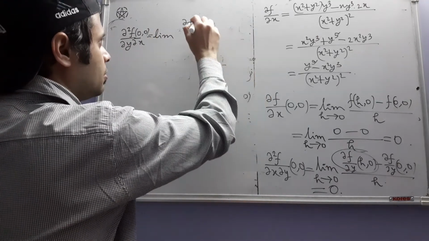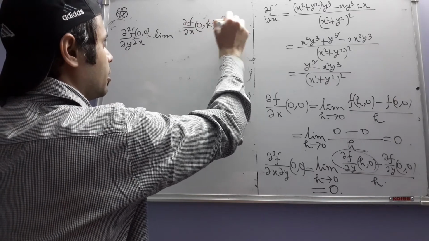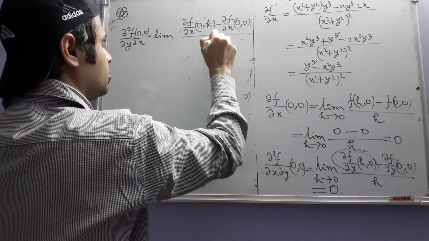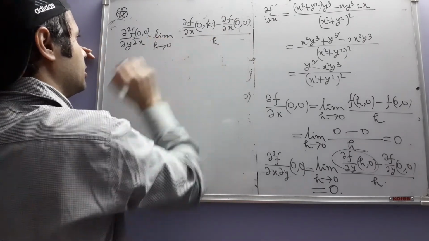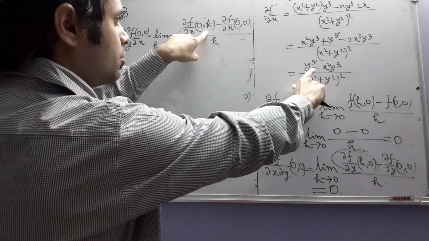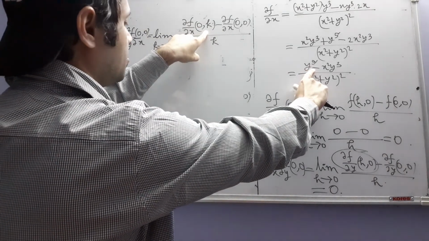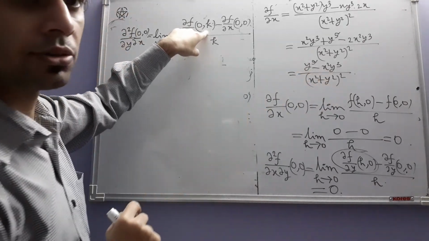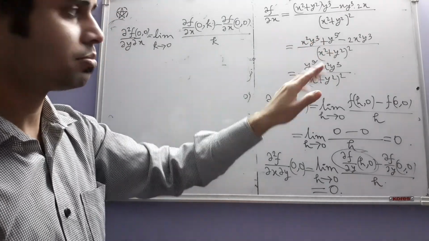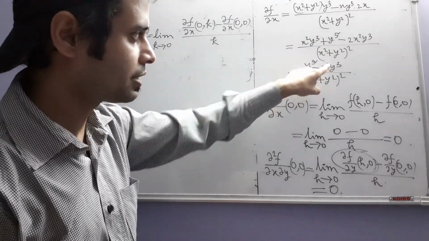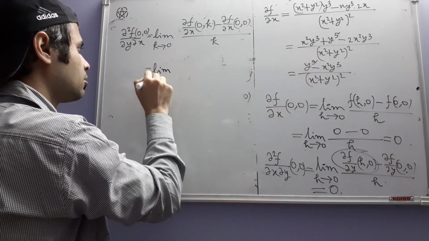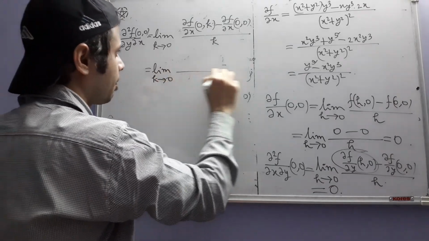Okay, minus ∂f/∂x at (0, 0) divided by k, k tends to 0. Now to find this one, we put x equal to 0 and y equal to k. Now you see that unlike the first one, now it does not become 0. We have x equal to 0. So this becomes limit k tends to 0.